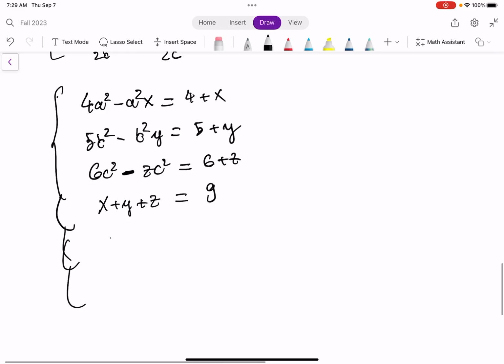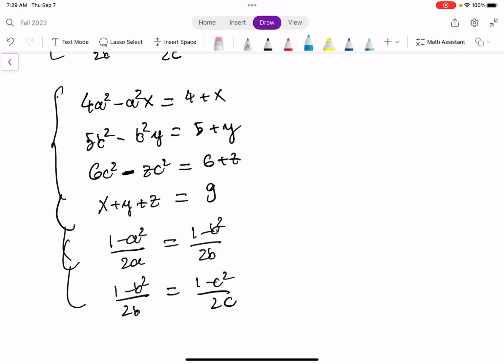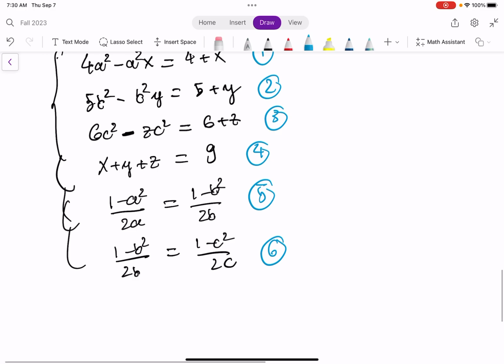And then we have 1 over a minus a squared over 2a equals 1 minus b squared over 2b. And we also have 1 minus b squared over 2b equals 1 minus c squared over 2c. Okay, and I'm going to label them so that later, when you solve the system, it's easier to reference. So this is 1, 2, 3, 4, 5, and 6. Okay, wonderful. So let's go ahead and get started.